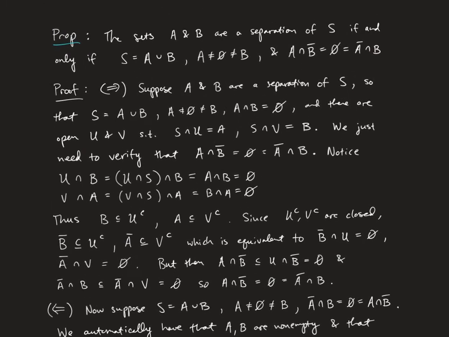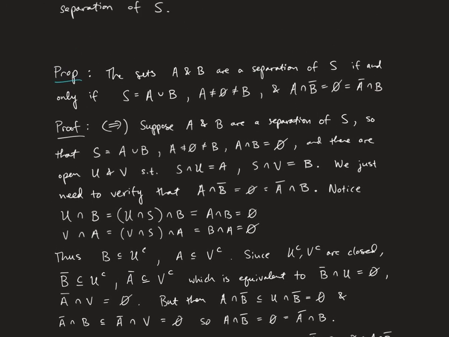A set is connected if it's not disconnected. And a set being disconnected means that we can write S as a union of non-empty sets such that this condition holds.